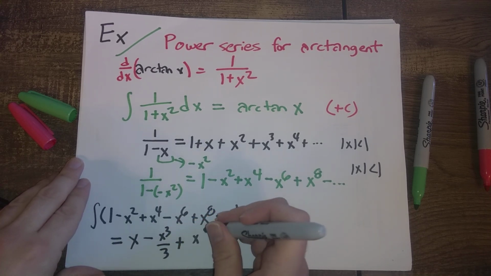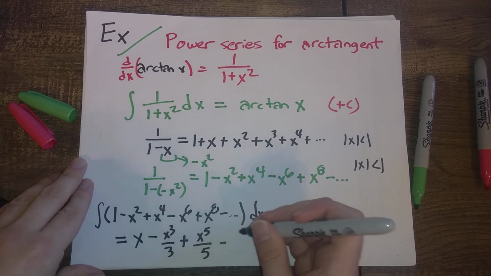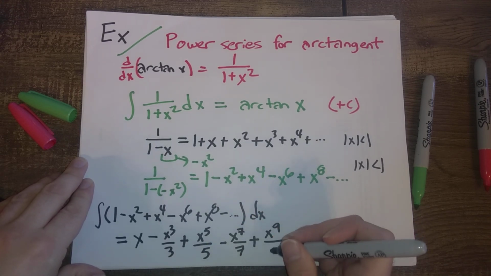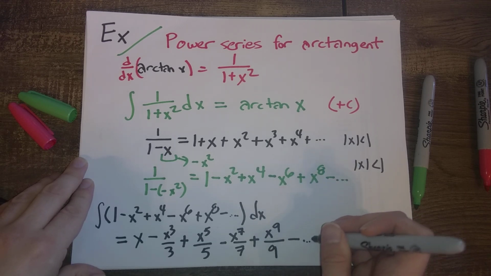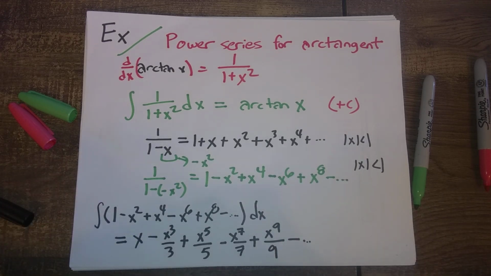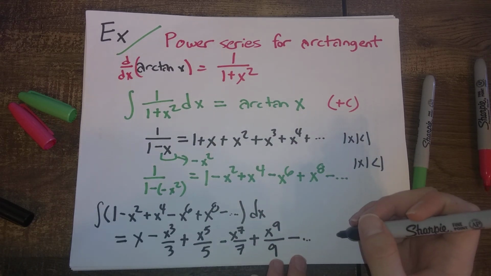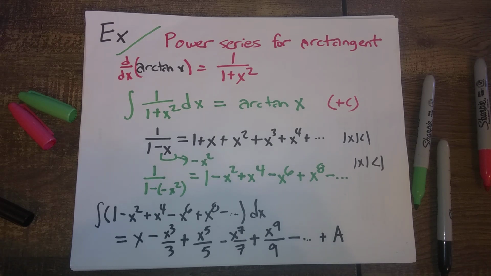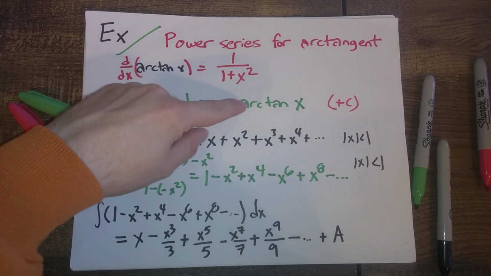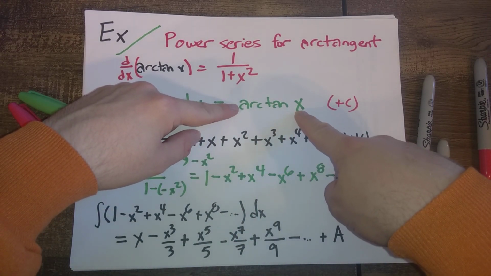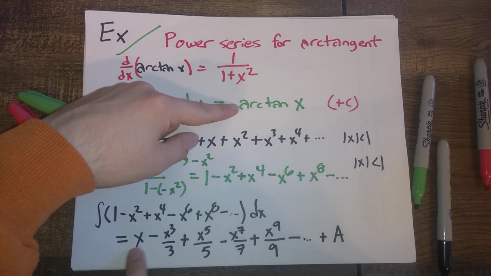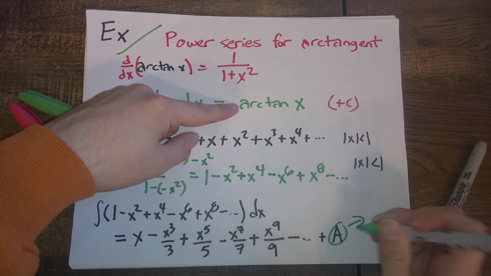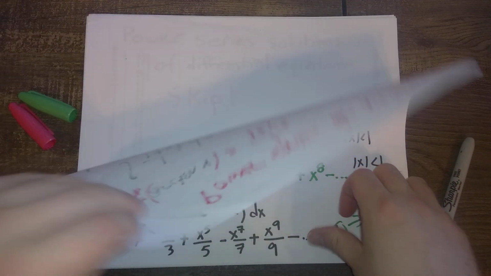X to the 4th integrates to x to the 5th divided by 5, minus x to the 7th divided by 7, plus x to the 9th divided by 9, minus dot dot dot. So just keep going here. And then let us have a constant here. But we should realize that for our constant, arctangent of 0 is 0. Plugging in x equals 0 makes this whole thing 0. So a itself is going to be 0.